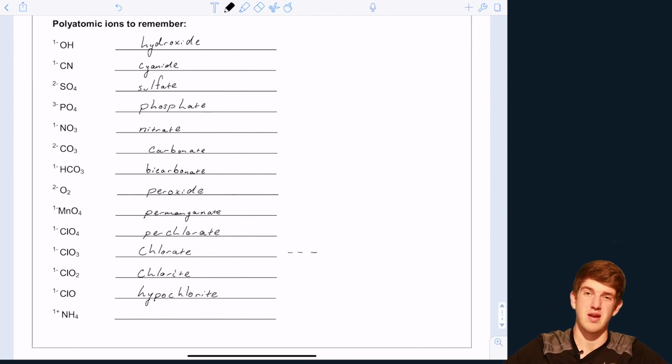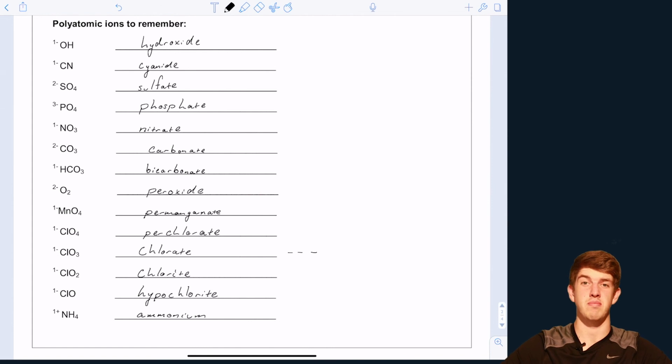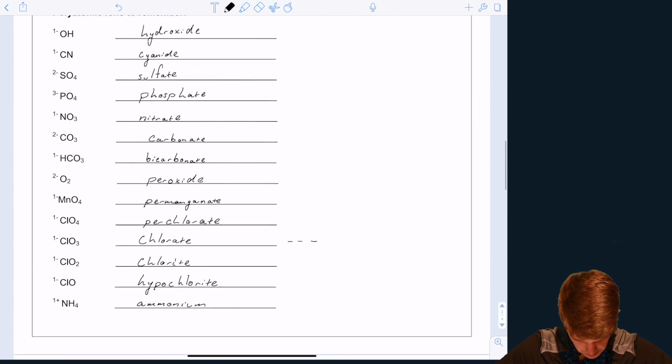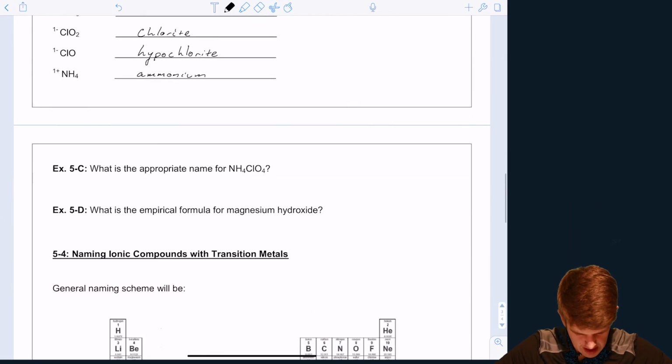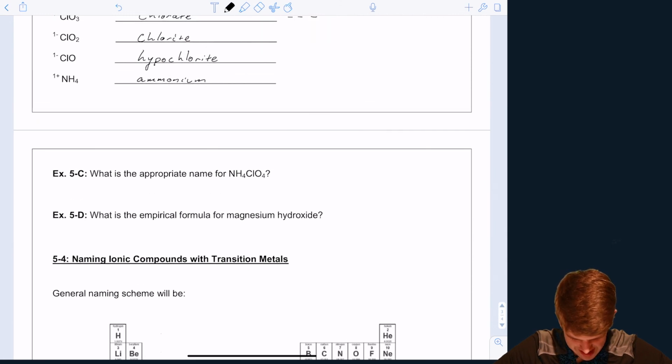Now the cationic polyatomic ion that you need to know is NH4+, and it is ammonium. So for an example, you might see ammonium chloride. What is the appropriate name for NH4ClO4?